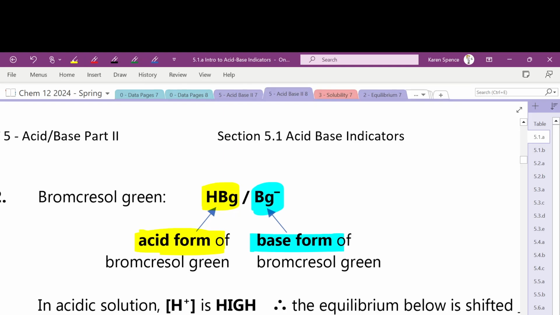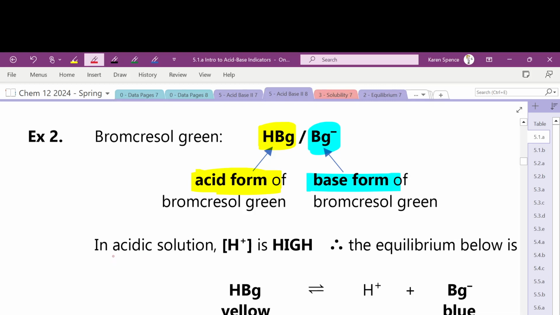Now let's say that we have an acidic solution. So this might be, for example, some HCl. This is actually very much like the common ion effect in solubility, in that our indicator equilibrium contains the H+ ion. What does HCl contain? It contains the H+ ion.